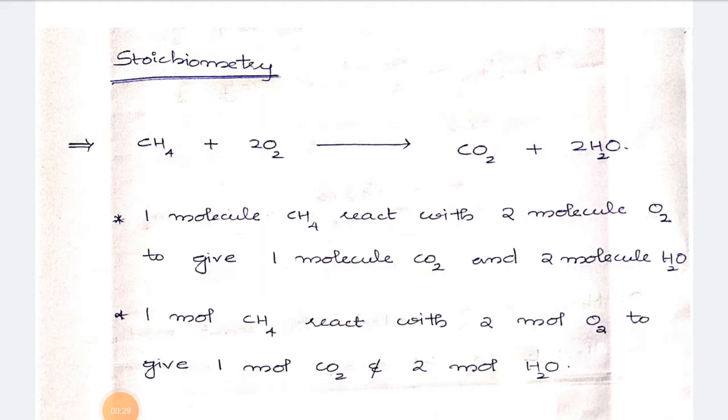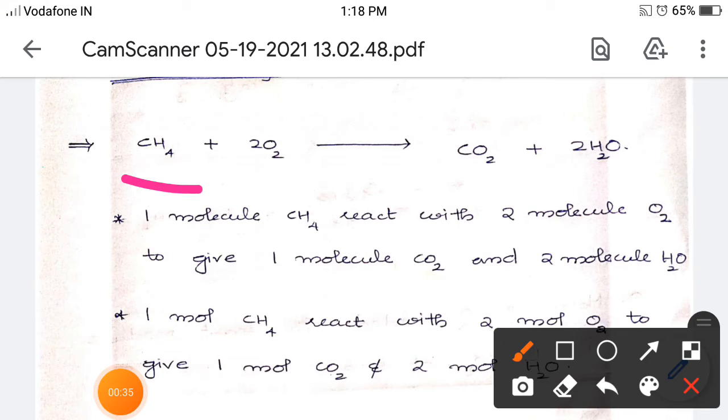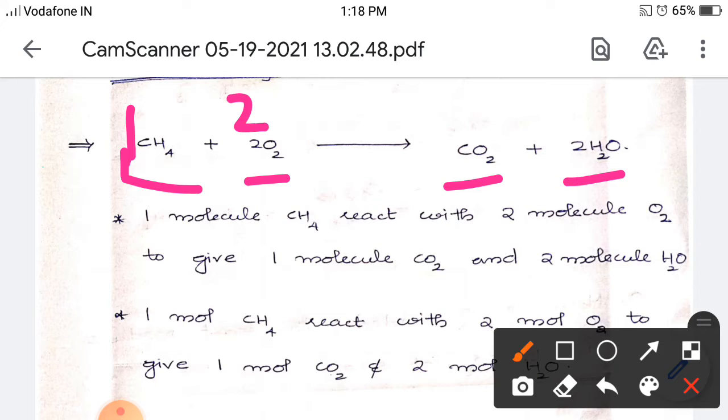Stoichiometry, if we are taking one example, here CH4 plus 2O2 gives carbon dioxide plus 2H2O. This is the balanced chemical equation. You have to study this balanced chemical equation. So here it is one CH4, right? 2O2 and one carbon dioxide and 2H2O.